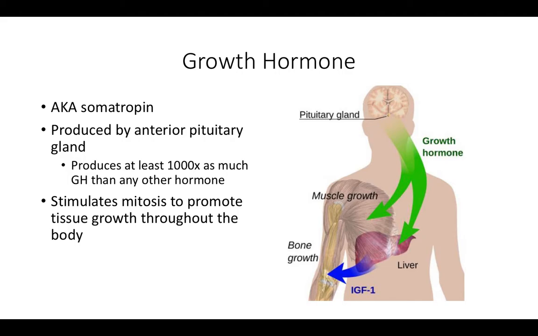So growth hormone is otherwise called somatotropin, and it's again produced by the anterior pituitary gland, and as I've said, the anterior pituitary gland produces at least 1,000 times as much growth hormone compared to any other hormone that it produces. Okay, and it's responsible for stimulating mitosis or cellular division in order to help our tissues in maybe our muscles or our bones grow throughout our body.